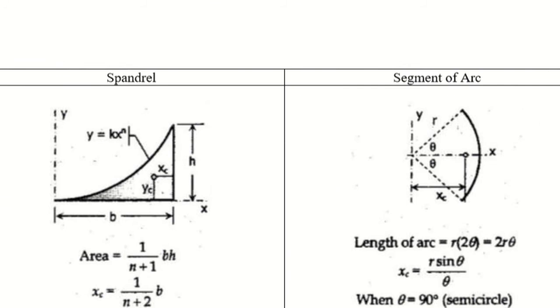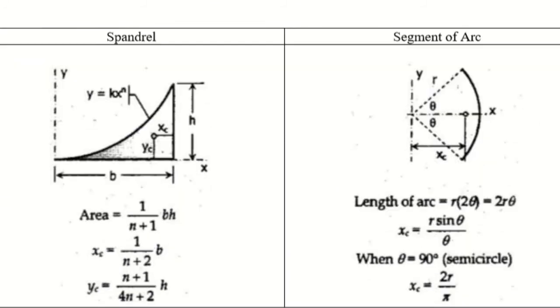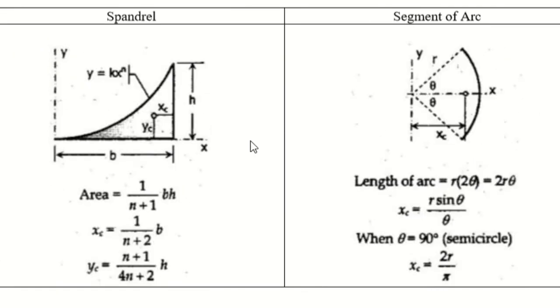Yung spandrel, as you can see in here, isang property ng spandrel, dapat yung vertex is naka-attach or nakadikit doon sa origin. Okay? Yan yung property ng spandrel. Next is segment of arc. Ayun. We have this XC. XC meaning to say yung distance ng center of gravity to the origin.